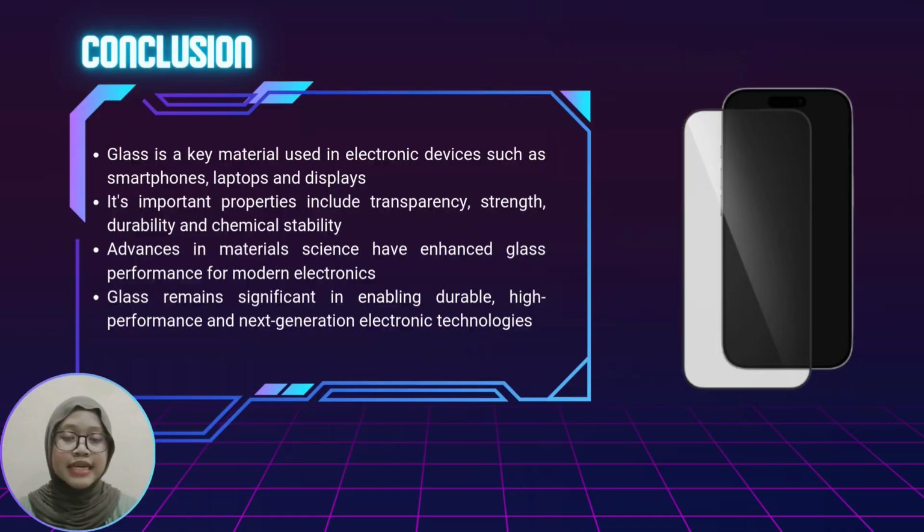Advances in material science have significantly enhanced glass performance, enabling modern and future electronic technologies. Therefore, glass will remain a highly significant material in the development of durable, high-performance, and next-generation electronic devices.